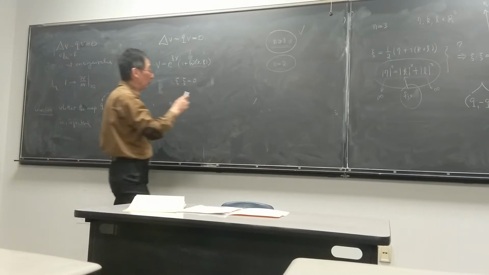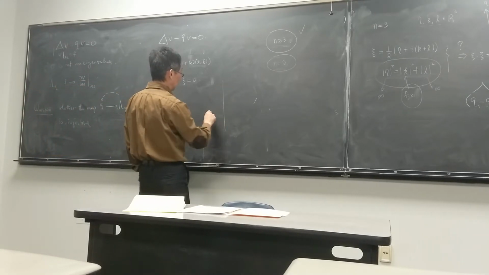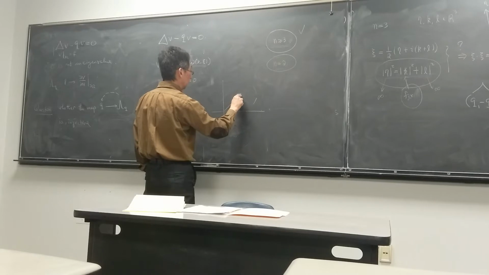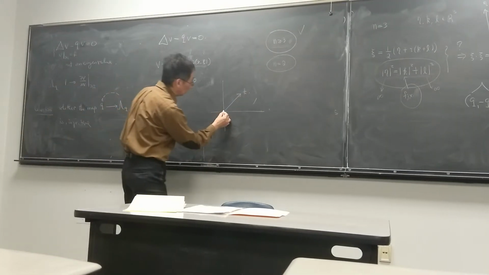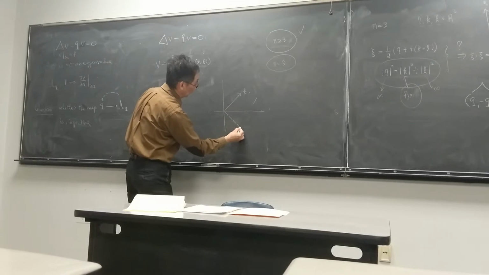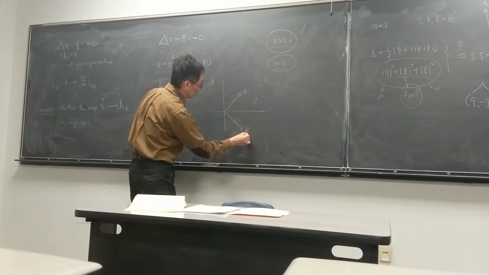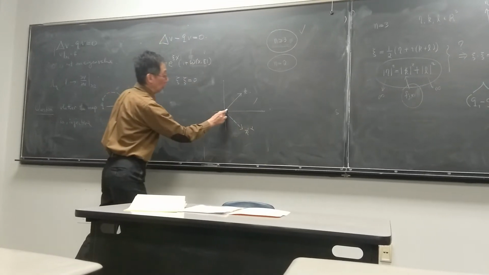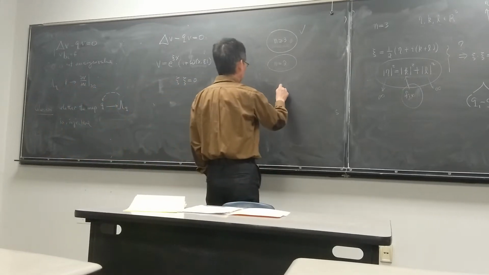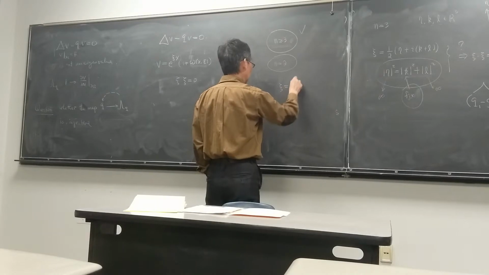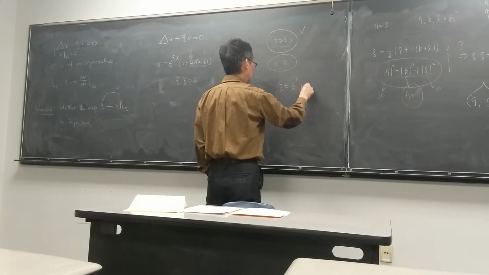Okay, so the only choice is like this. You take k, then you take the perpendicular component, k perpendicular. Or you take the other. There's only two choices. Then you can get C equal to k perpendicular plus i k. That's it.